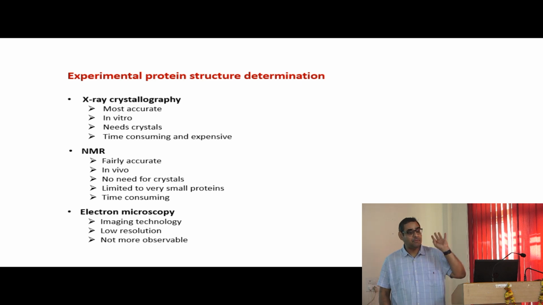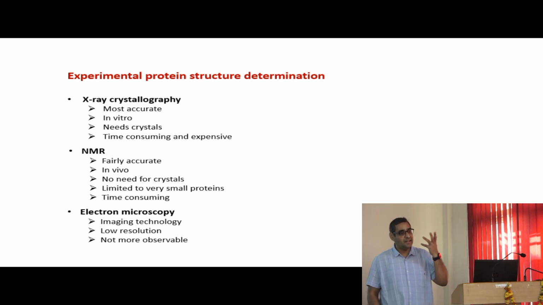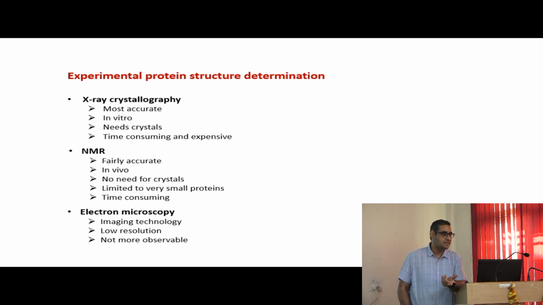If you are sending a sample of not good quality for X-ray crystallography and you get a negative result, or you don't get a proper result, then it is a complete loss of resources, your own hard work, and also the time.